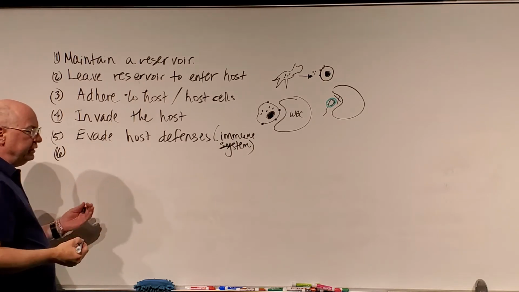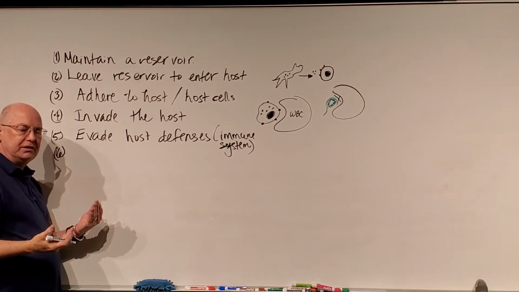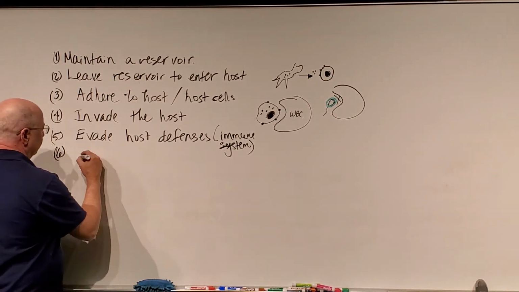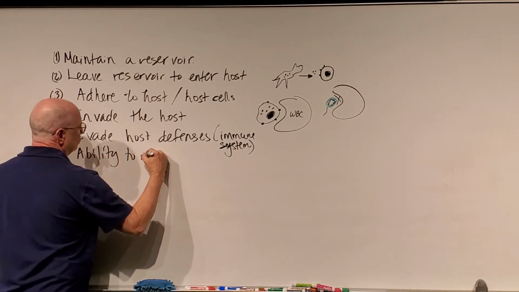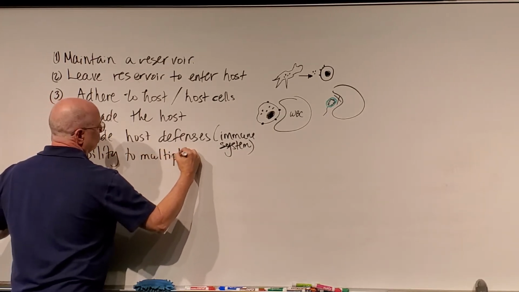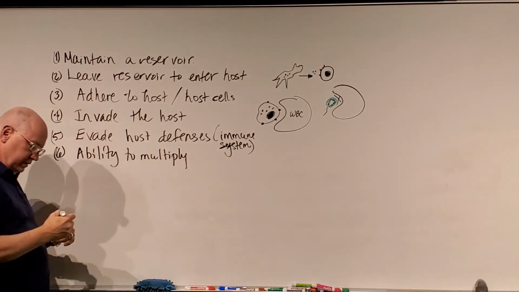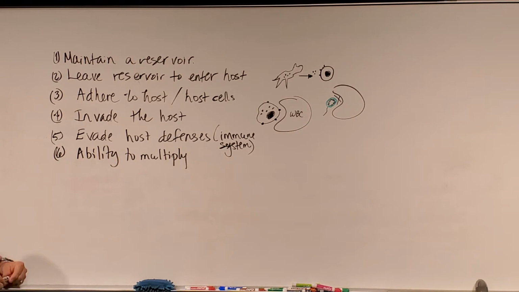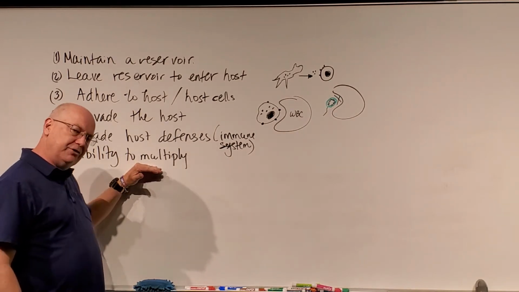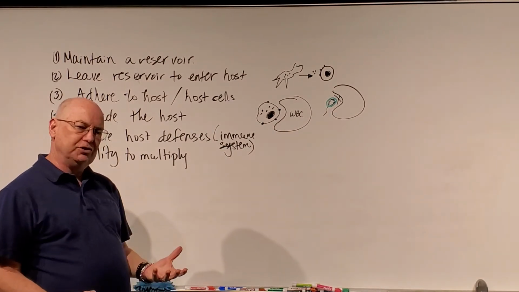Now usually when we take in a pathogen, you don't take in a ton of them. So they need the ability to multiply within the host. They need to increase in number. And sometimes the amount of a pathogen that enters our body is not enough to make you sick.